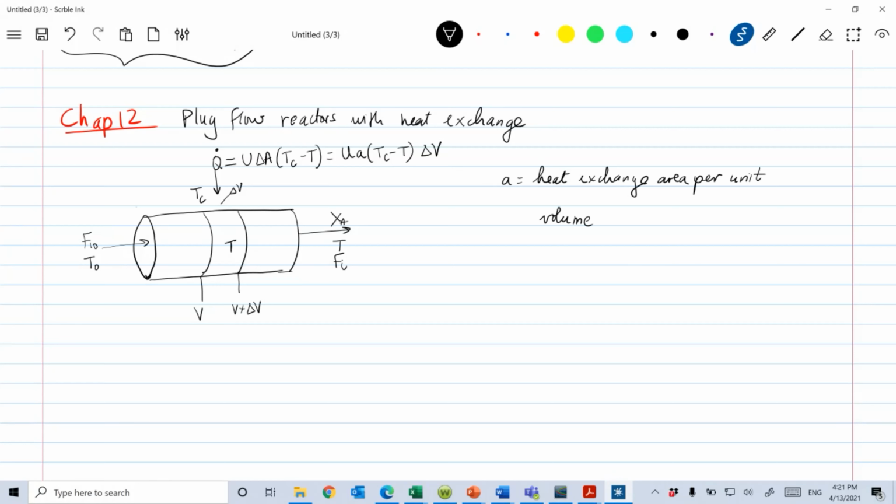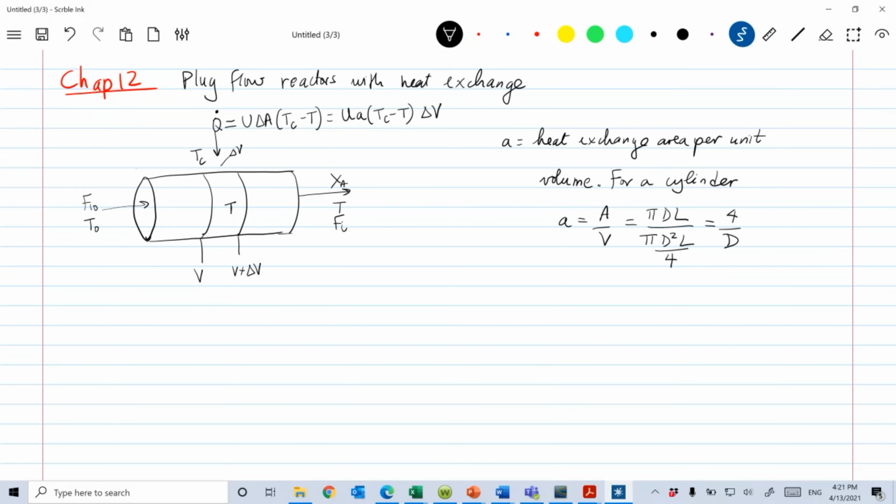So for a cylinder, small a is area over volume, which is pi D L over pi D squared L over 4, and that's equal to 4 over D. So that's just what that little small a is for a cylinder. Just keeping in mind, that's why we can do that times volume.